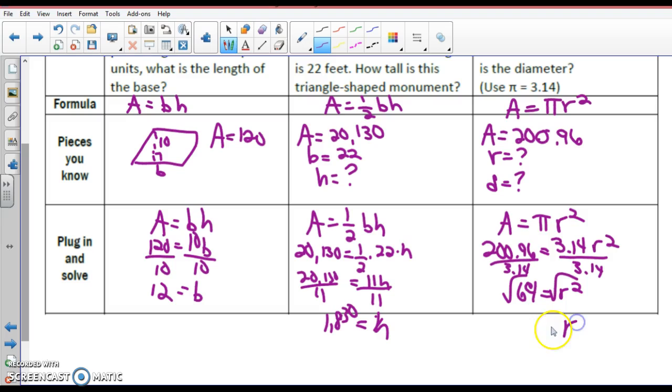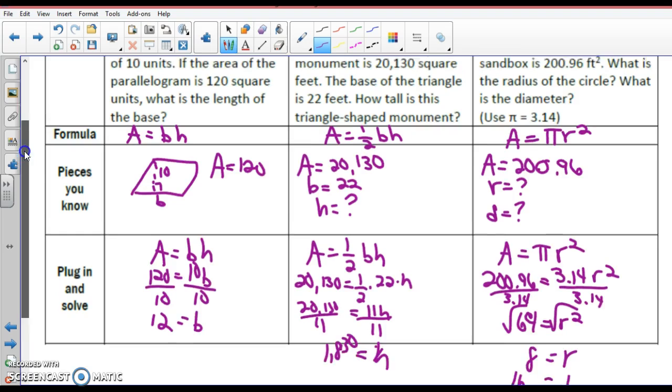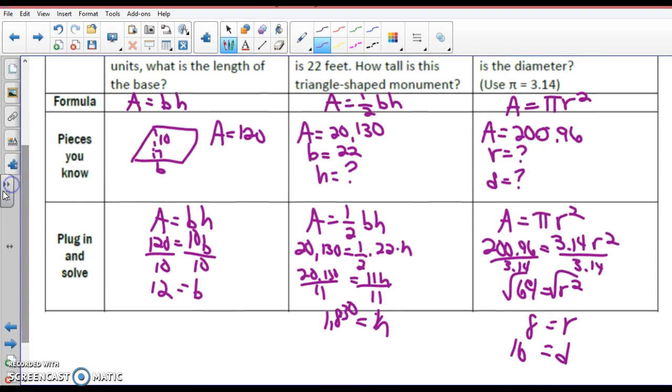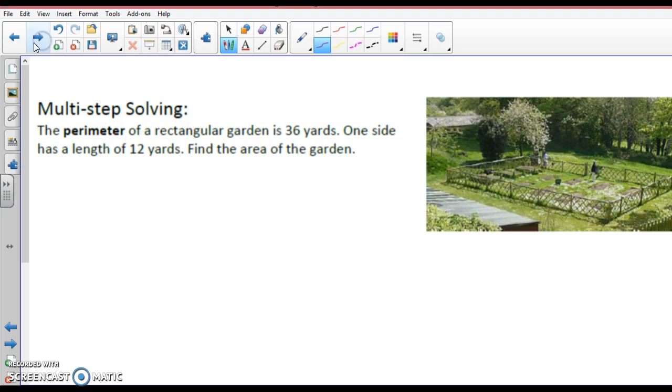The square root of r squared is r, and the square root of 64 is 8. So our radius is 8. Our diameter then would be 16. Do we have a unit on this? Feet. So both of these will be feet. So that is using a formula backwards. That's part 1 of this lesson.